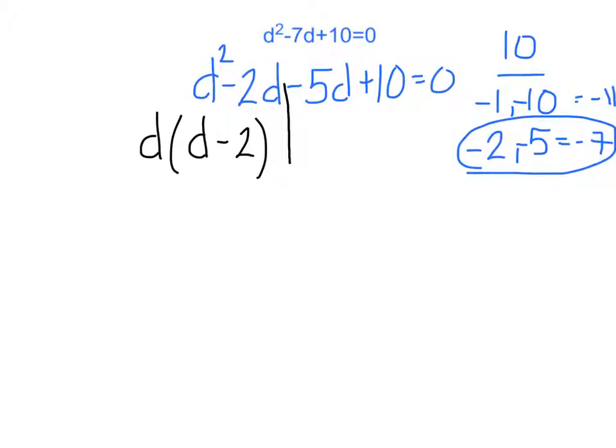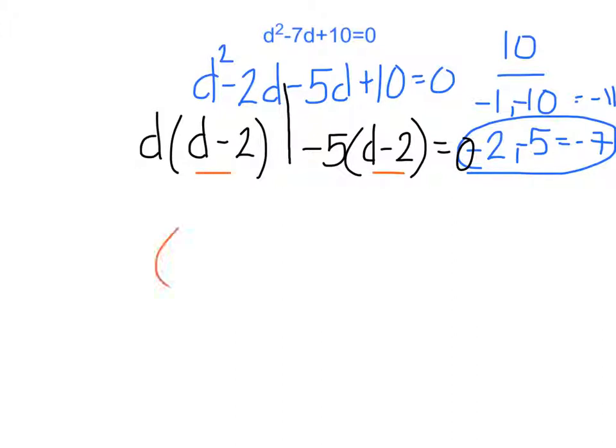Remember, if the first term is a negative, we always take out a negative. So it becomes negative 5 times d minus 2. Remember, if you take out a negative, all these signs change, so this needs to change to a negative, and that equals 0.